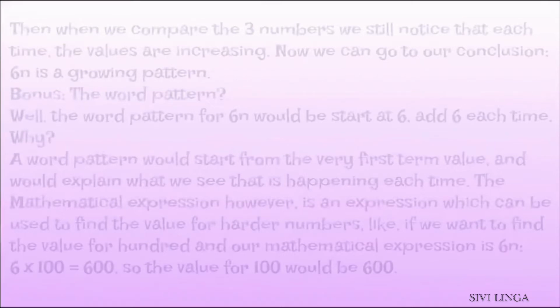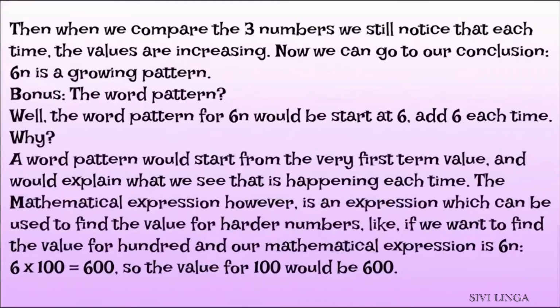Why? A word pattern would start from the very first term value and would explain what we see that is happening each time. The mathematical expression, however, is an expression which can be used to find the value for harder numbers.